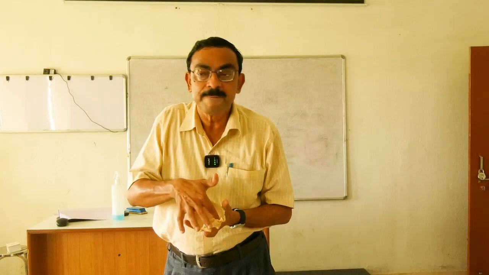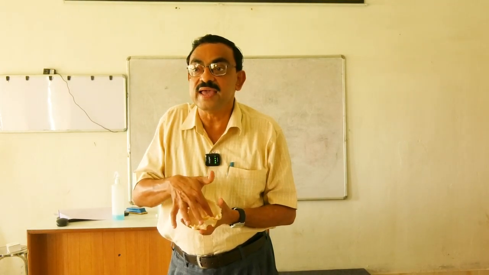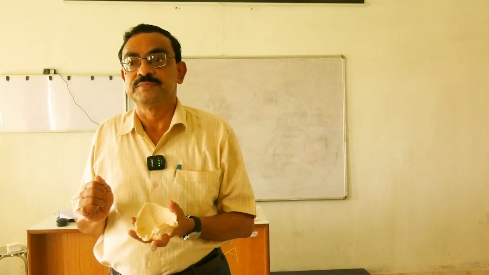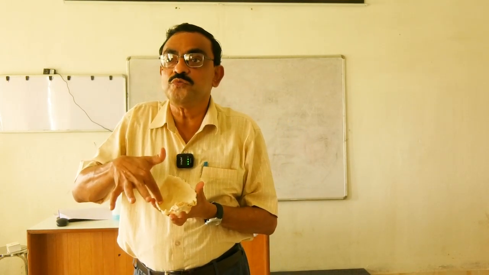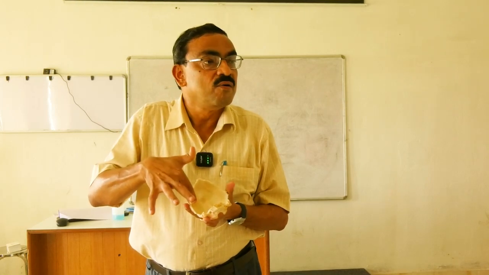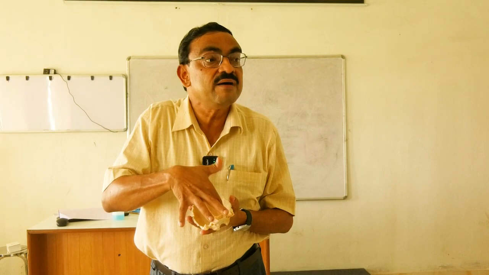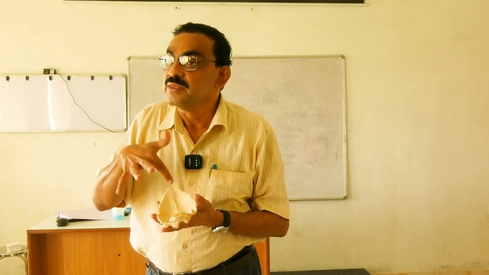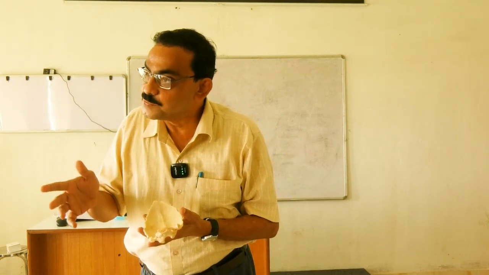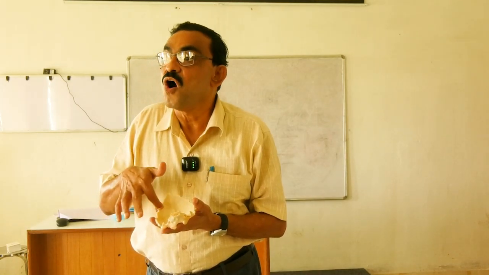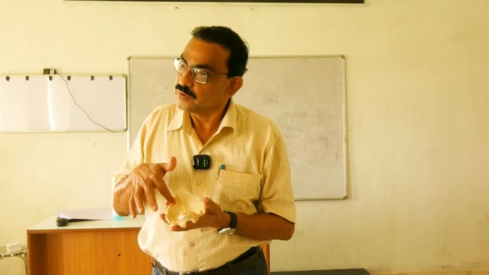The lower two fossae accommodate the cerebellar hemisphere, and the upper two are for the occipital lobes.